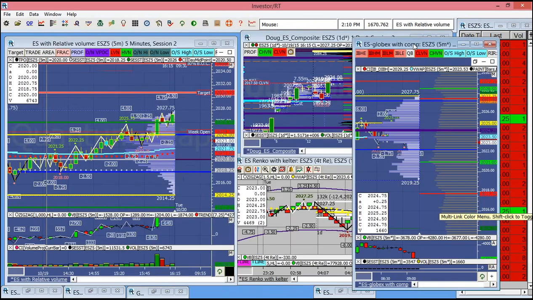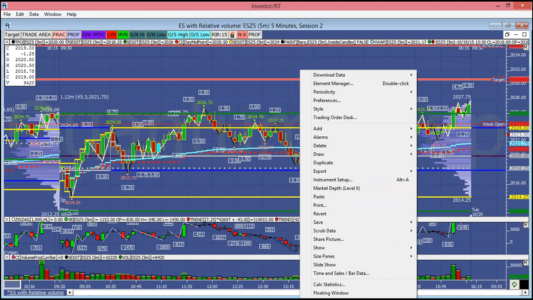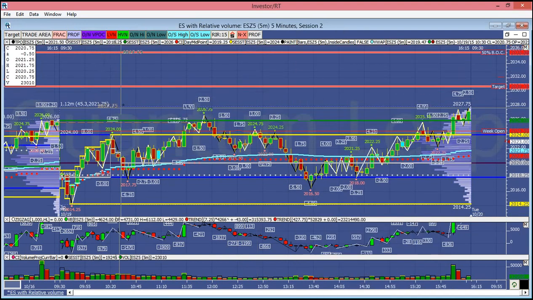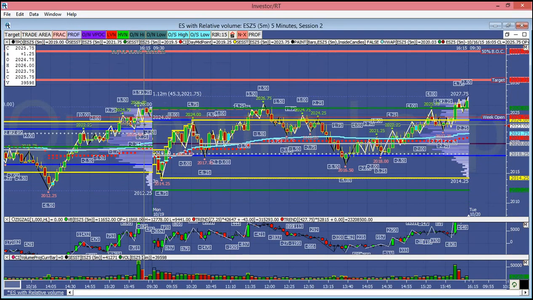So first, let's take a look at what I was talking about. If you notice, this profile and this profile have overlapping value. You've got the prior microcomposite down here at 1920.